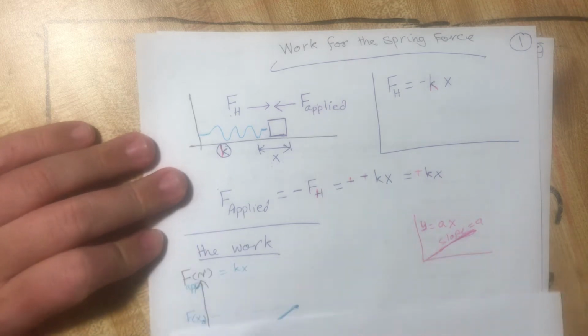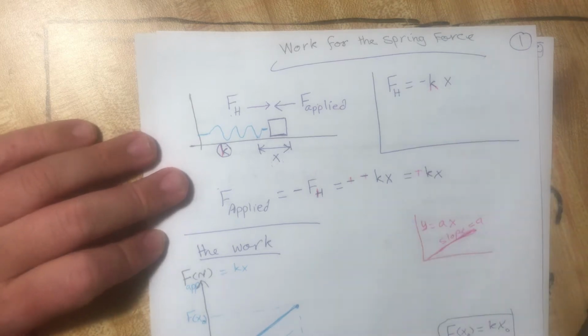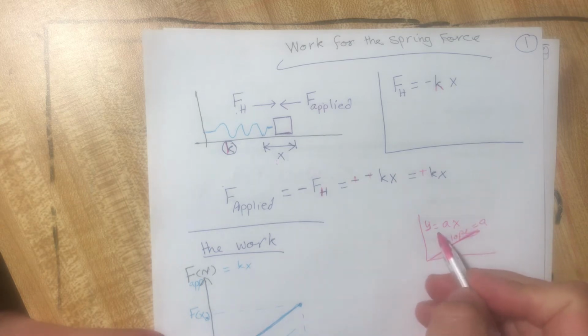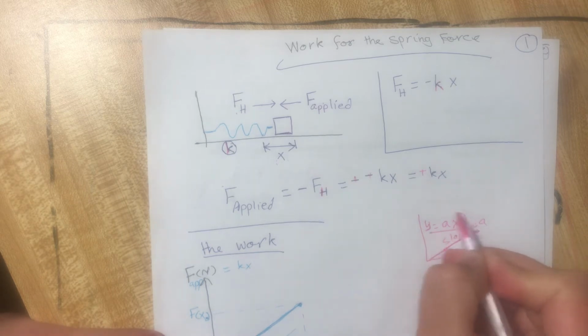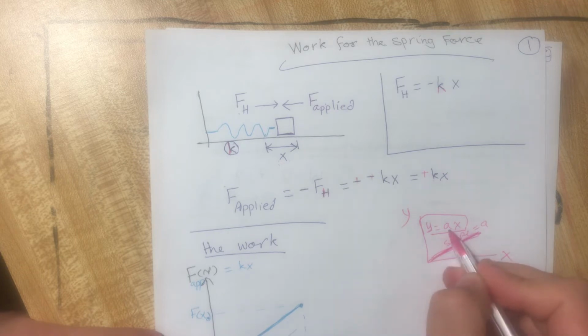For the work done by this spring, I need you to remember first the mathematical equation y equals ax. If we draw it in the xy plane, it is just a straight line, and the slope of that line is a.